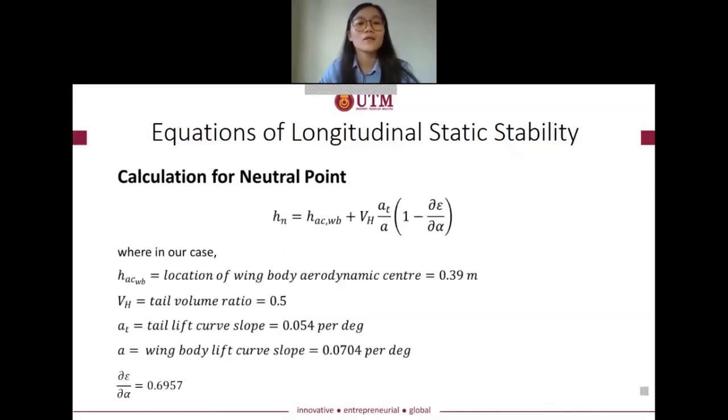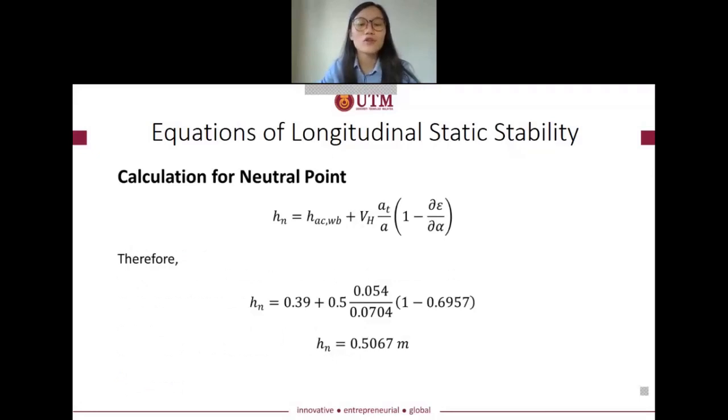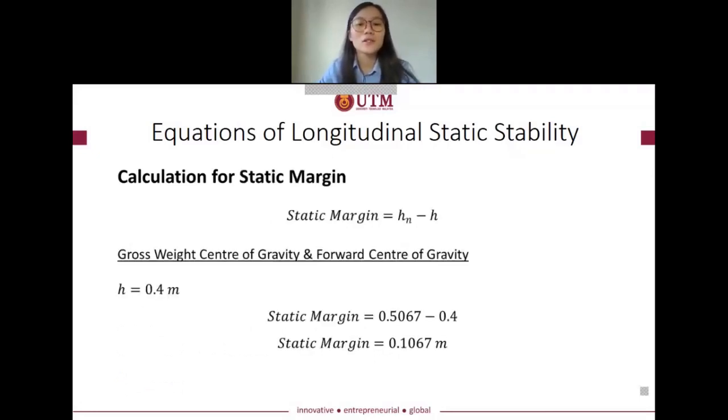After that, the equation of the neutral point is introduced. The neutral point is a point where the slope of the moment coefficient is equal to 0. The stability criterion for longitudinal static stability is that the position of the CG must always be forward of the neutral point. Then the neutral point is calculated. After that, the static margin is calculated.